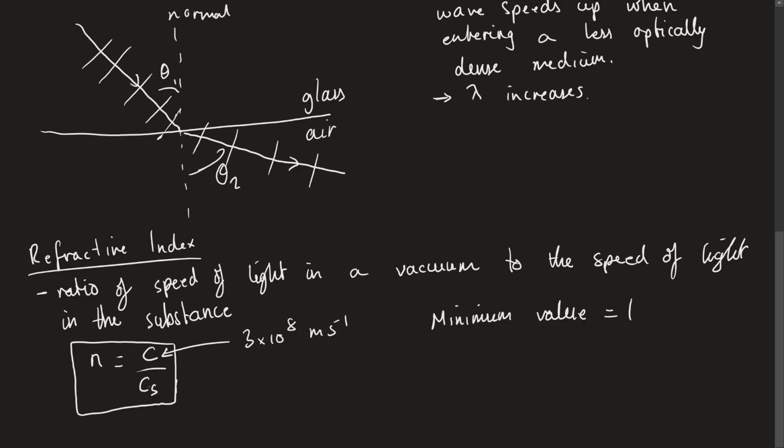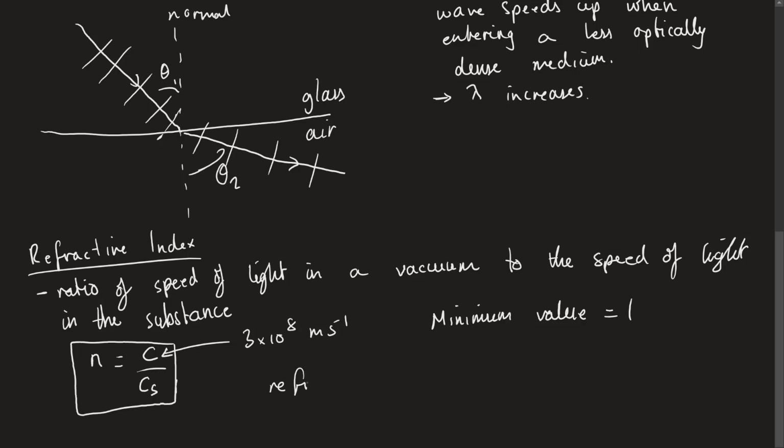This is true for a vacuum, but it's also true for air. So the only refractive index you actually have to know is the refractive index of air, which you'll sometimes just see written as n subscript air, is equal to 1.